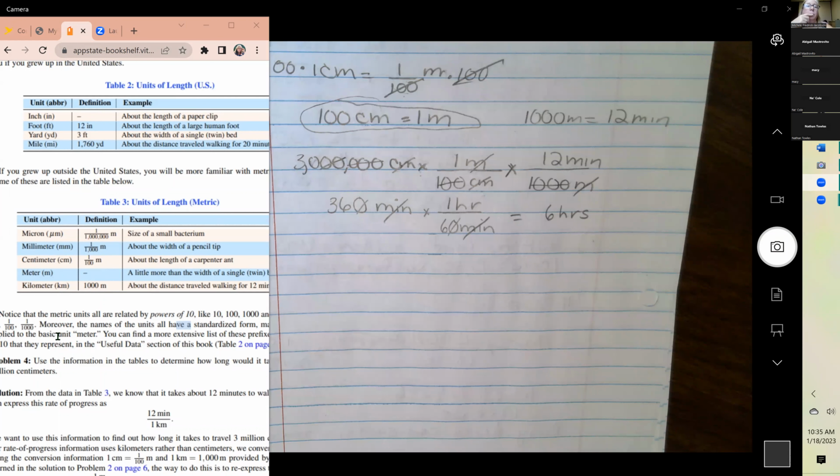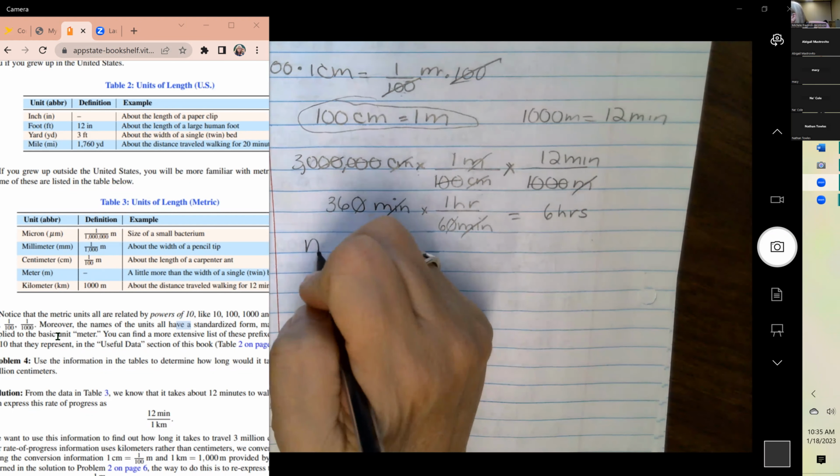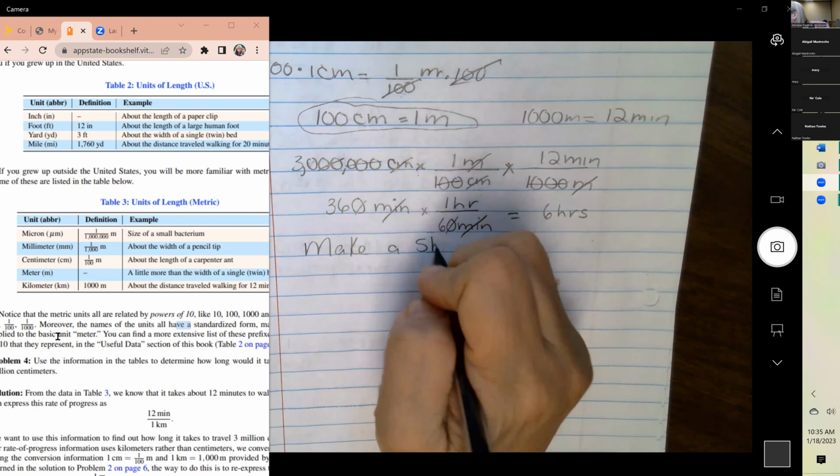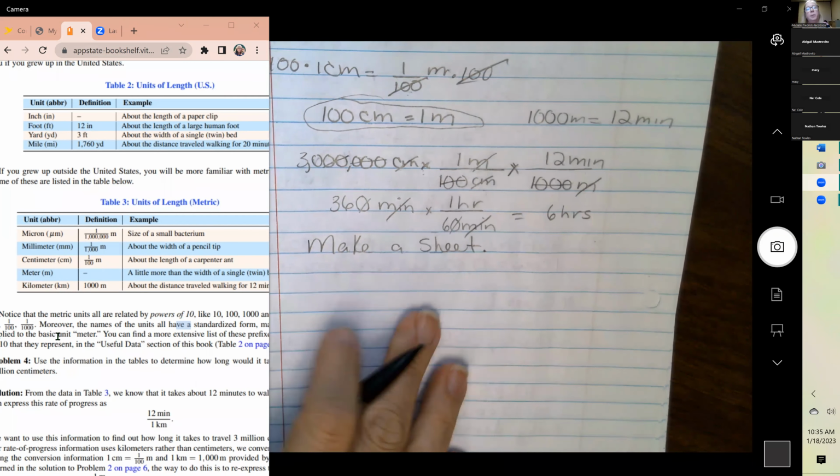Well, do we have to memorize all the conversions, like how many centimeters are in a meter? Some of them, you know. I'll make a sheet that has the ones that you should have memorized.